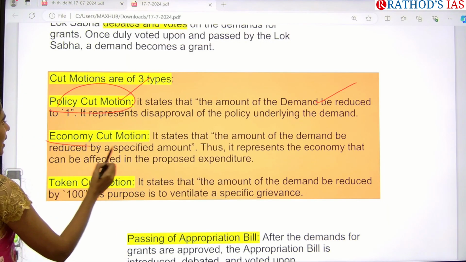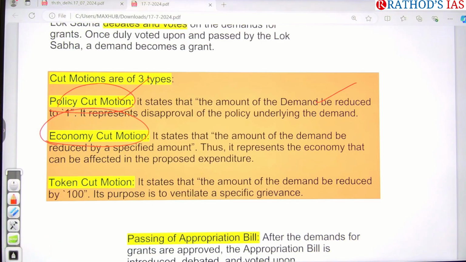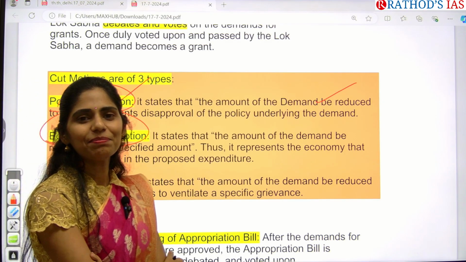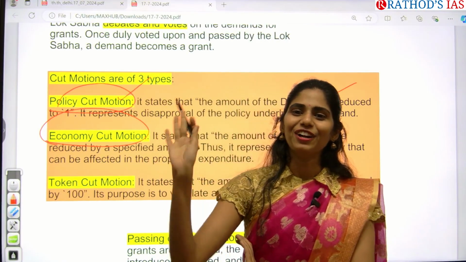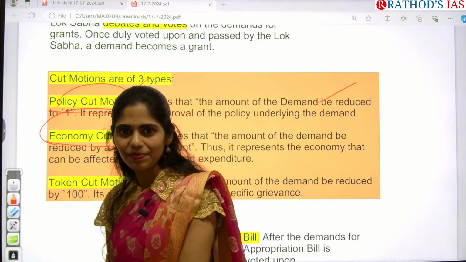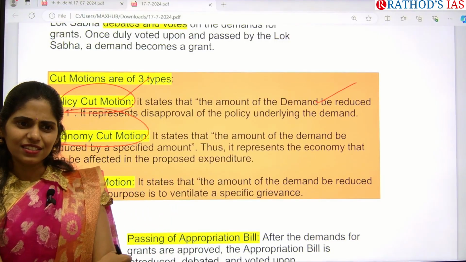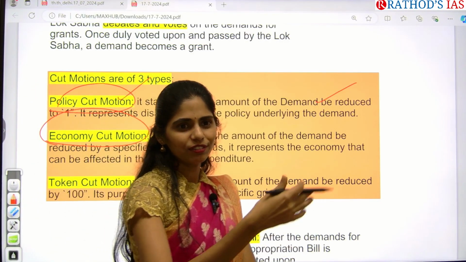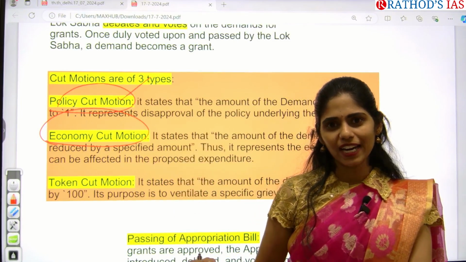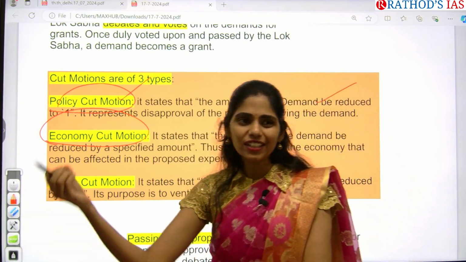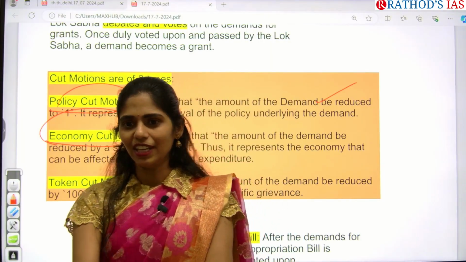The next one is the economy cut motion. For example, I am saying that my department is running one well established scheme of MGNREGA. I want 100 crores for that scheme. Suddenly one person says, how much employment did you give? Is it good? Why did you come up with that scheme? What are the objectives? Whether they have been achieved or not?